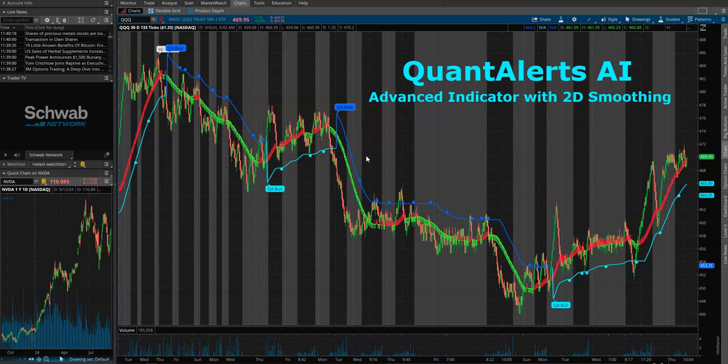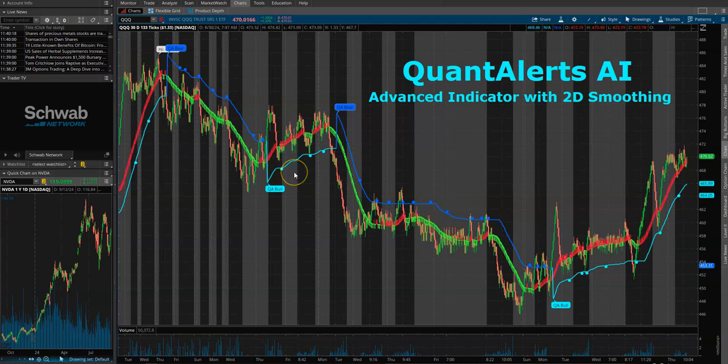You can enter your trades at E-Trade, at Interactive Brokers, Fidelity, Vanguard, or on your Thinkorswim platform or through your Schwab TD Ameritrade account.